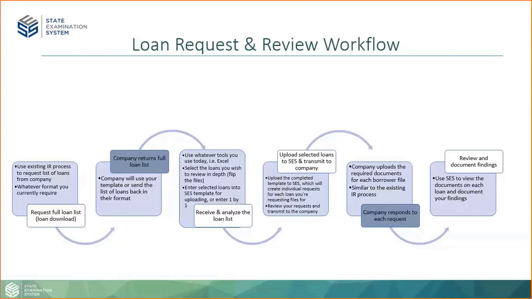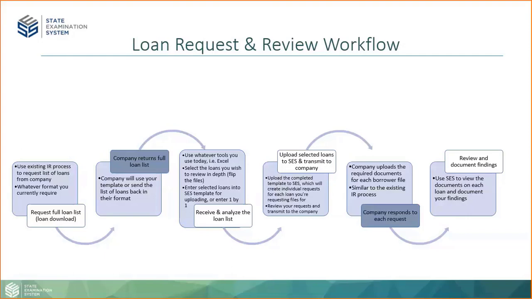Maybe it's 5, maybe it's 10, maybe it's 50. But of the total loan portfolio, this is where you've got to use the tools available to you today to slice and dice that loan portfolio and figure out which ones you want to select and ultimately request full documentation from the company. Let's move on to the next step.